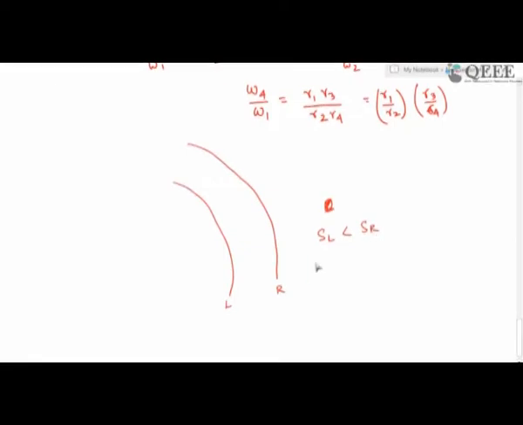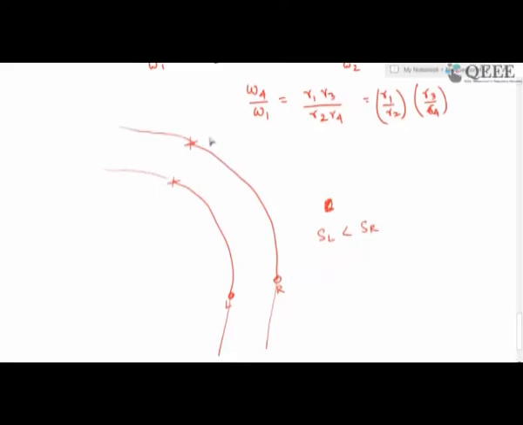So if both the wheels have got to complete the motion at the same time, let's say I was traveling on a straight path and then I have to take a bend in the left direction, right? Accordingly, from this instant to this instant, if the left wheel has traveled SL, the right wheel will travel from this instant to that instant a greater distance.